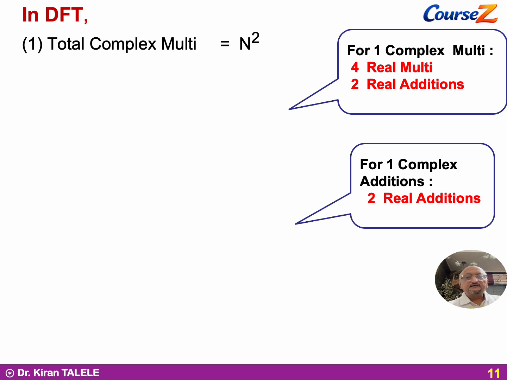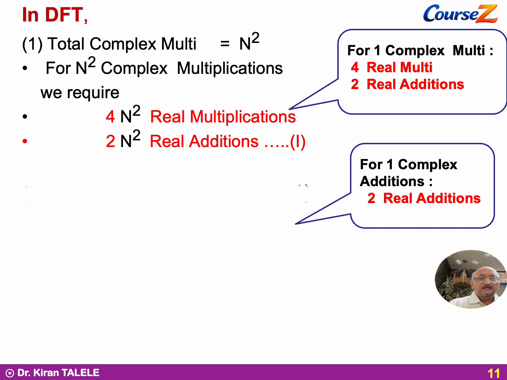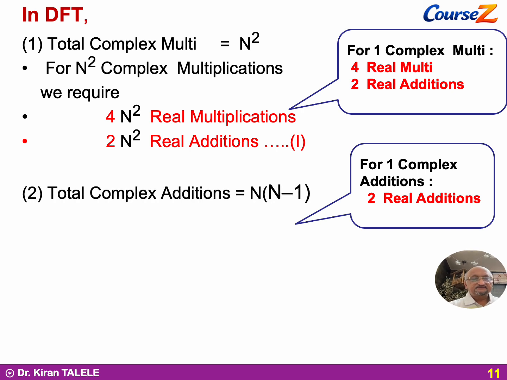We concluded that for 1 complex multiplication, we require 4 real multiplications and 2 real additions. For N square complex multiplications, we will require 4N square real multiplications and 2N square real additions. Similarly, total complex additions are N times N minus 1.